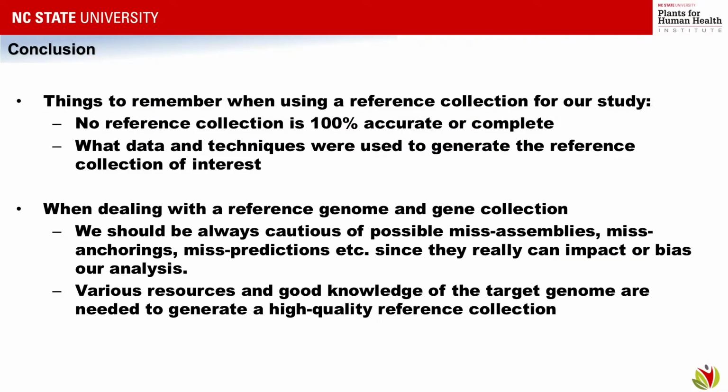By that, I want to conclude this talk and raise again this issue: when we conduct studies and analyses that include reference collections, reference genomes, reference gene predictions and annotations, the important thing we need to know and always be cautious about is how the assembly and the gene prediction were done, what data was used, and to always be cautious of possible misassemblies, misanchoring, mispredictions, and also sometimes misannotation of these components in the genome that really can bias your analysis.